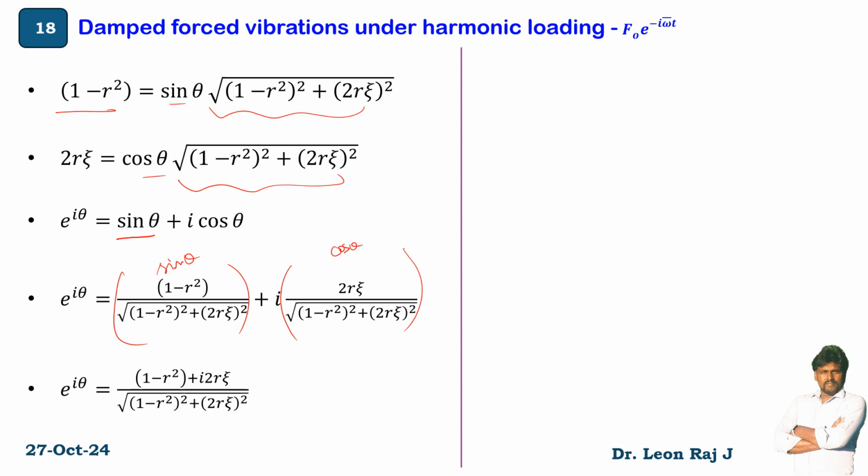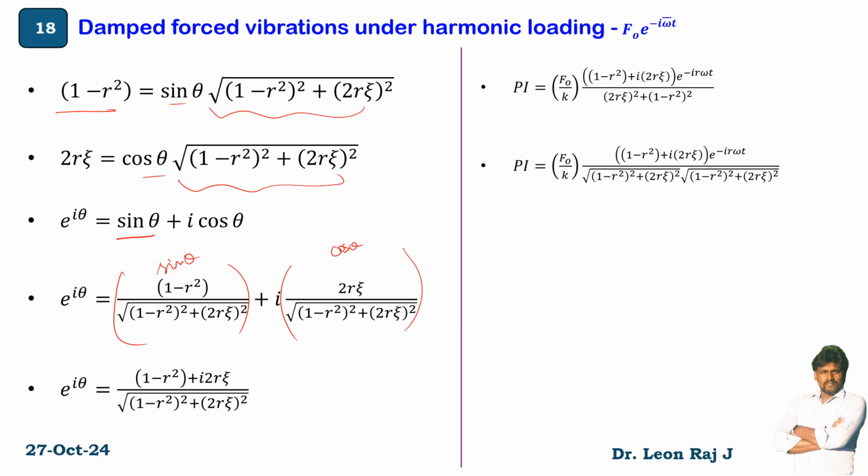So e power i theta is restructured as 1 minus r square plus i into 2 r xi. So your particular integral equals f0 by k, 1 minus r square plus i into 2 r xi into e power minus i r omega t divided by 2 r xi whole square plus 1 minus r square whole square. So again, this whole term is rewritten as below.